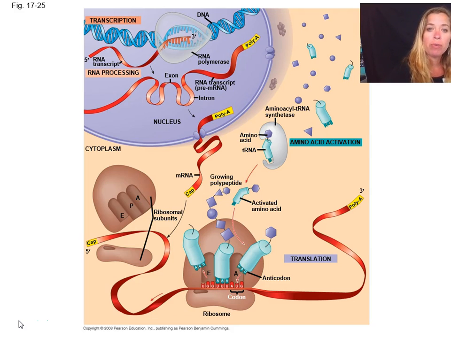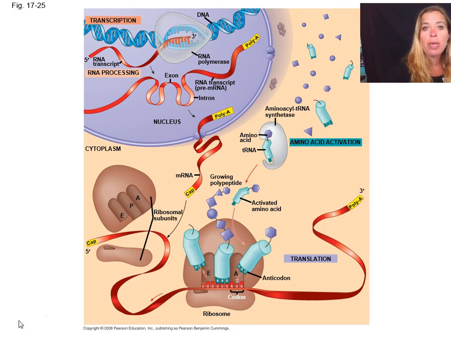Transcription, if you remember, is when the RNA polymerase opens up the DNA molecule and copies the code for a specific gene. That's called the transcript. That transcript is then perfected and polished and processed. Then it's protected with a 5' cap and a poly A tail.